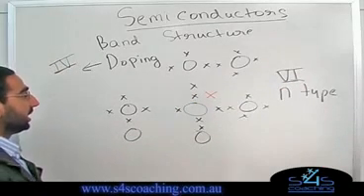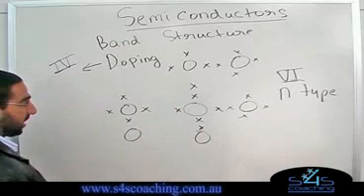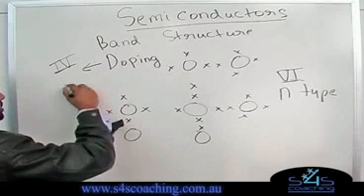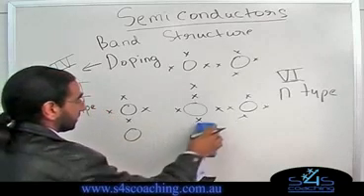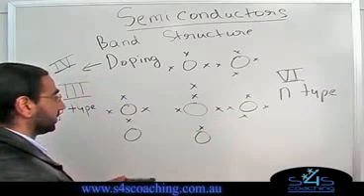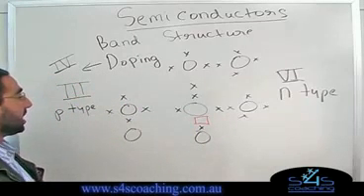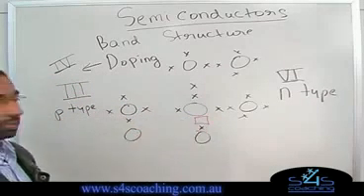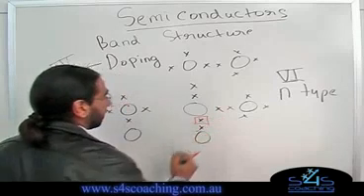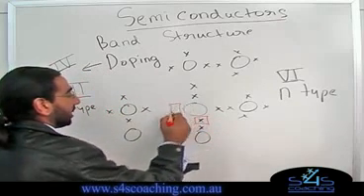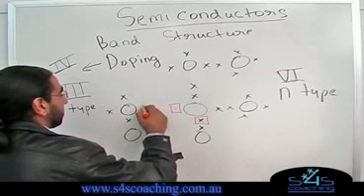The other option I have is I can actually take an electron away. So instead of doping with a group 5, I can dope it with a group 3. That will be a P-type. And essentially there will be a hole here. You can think of it as a missing electron, a gap over here. The way this conducts is that because there's a gap, the electron from there is going to jump and fill up this gap, in which case the gap will now be here. Then this electron can jump to fill this up, in which case the gap will be here.